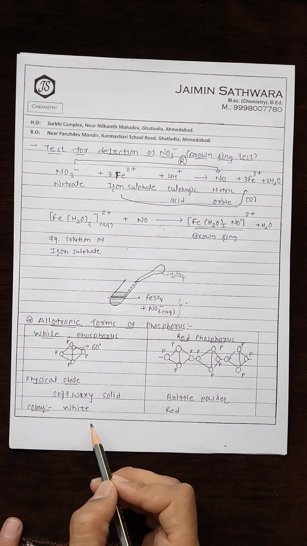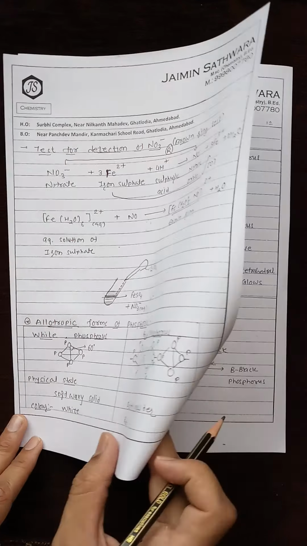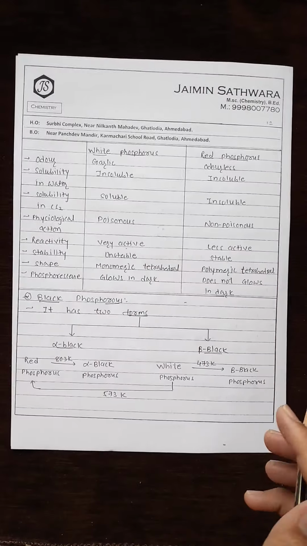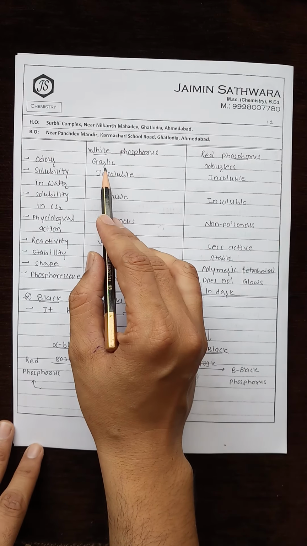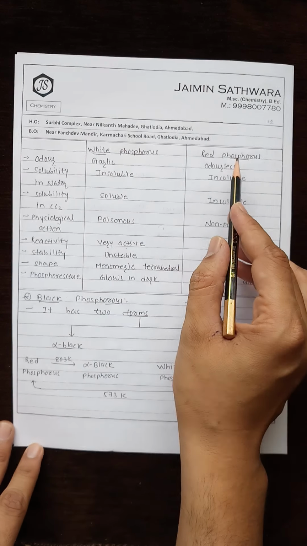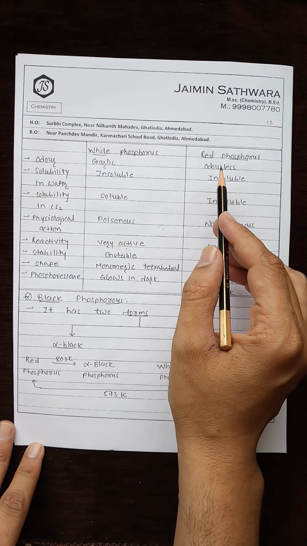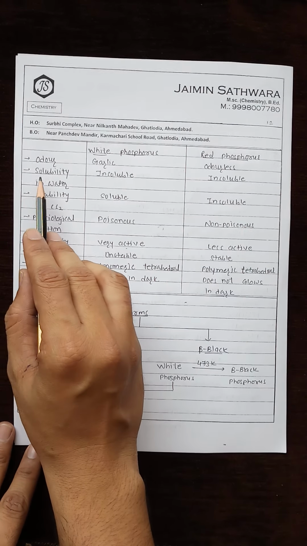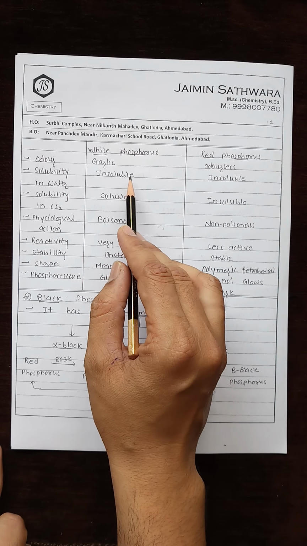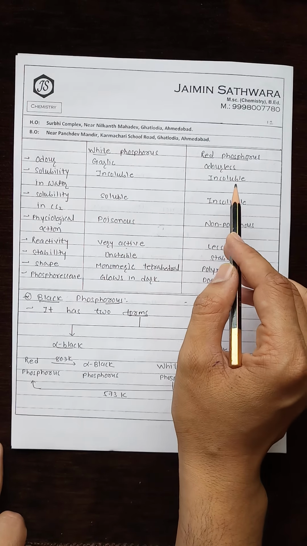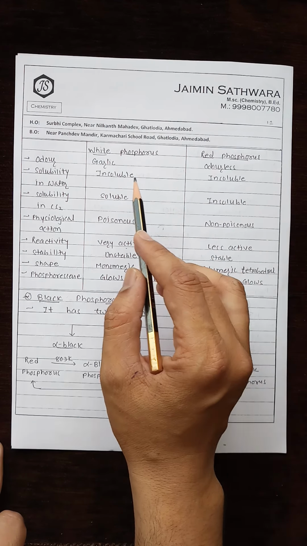Color: white, red. Next, odor: white phosphorus has a garlic odor, while red phosphorus is odorless. Solubility: white phosphorus is insoluble in water, red phosphorus is also insoluble in water.